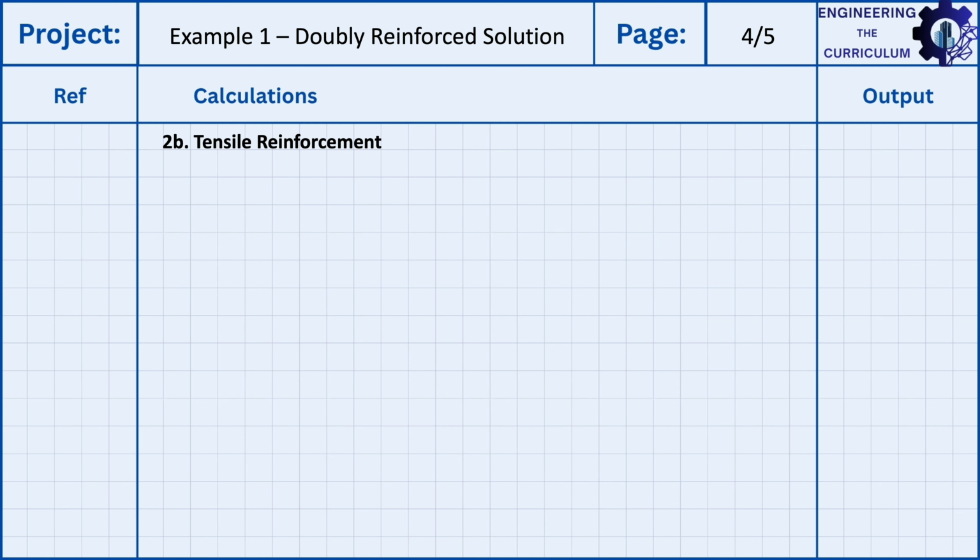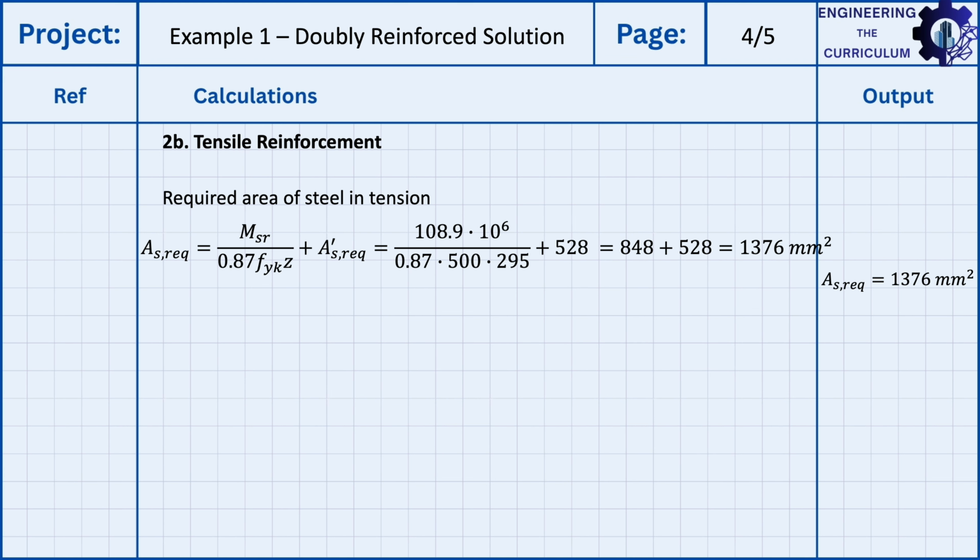And now that we know the compression reinforcement, we can calculate the tensile reinforcement. And that is going to be what the concrete can carry by itself, which is the limit of the moment of the singly reinforced section, just as we would have calculated for a singly reinforced beam, plus the area of steel provided in compression.